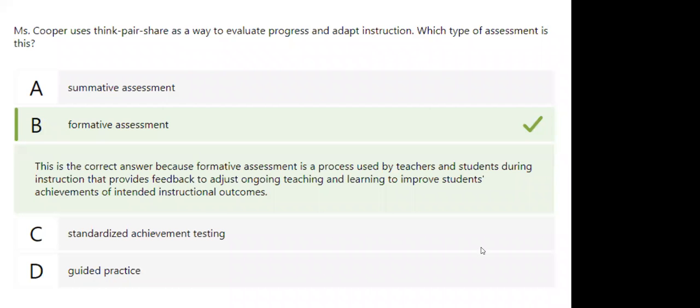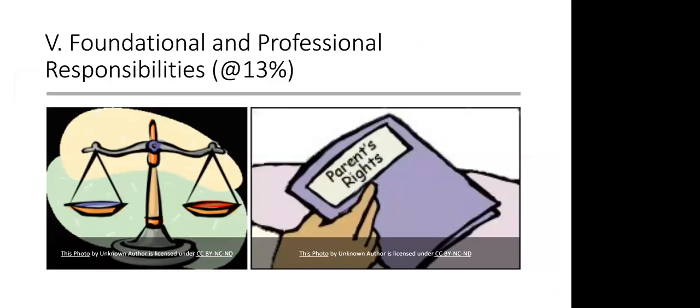I believe there's another question in this area of assessment. Nope, I was incorrect. We're going to go on to the fifth category. The fifth category is the last selected response question category, and it is foundations and professional responsibilities.